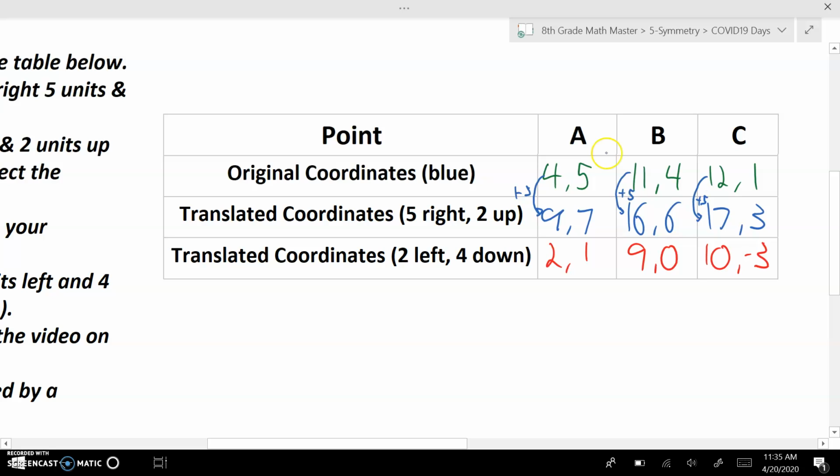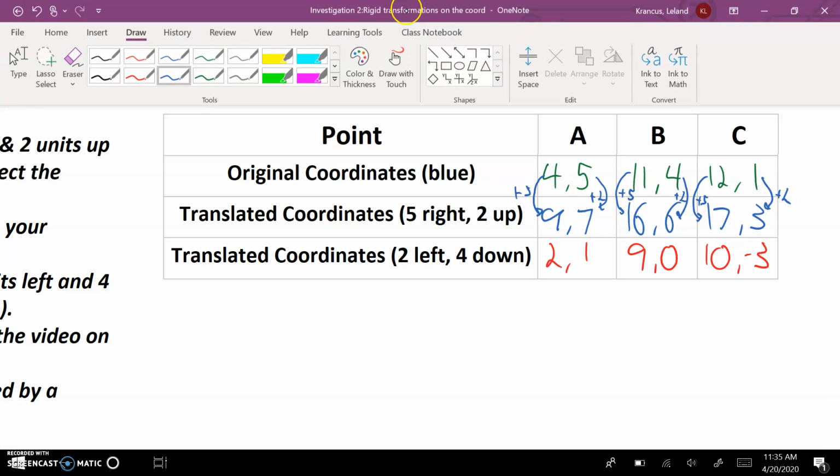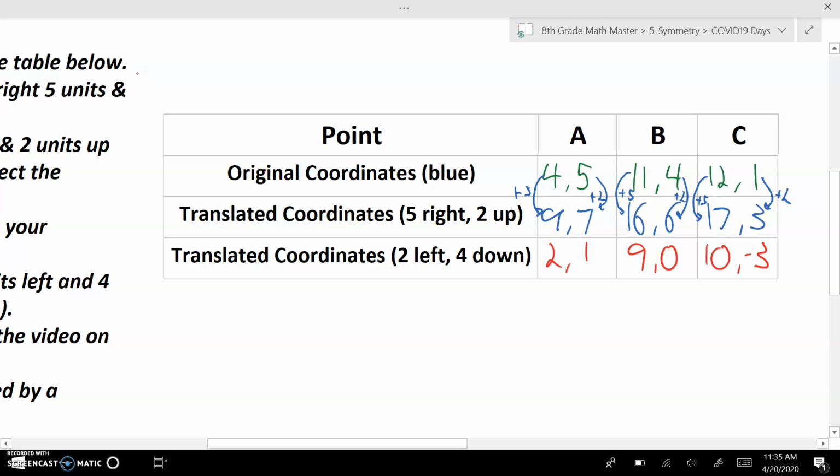And when you translated it up, notice your y coordinates all went up by 2. Then something similar happens when you move it down and to the left.